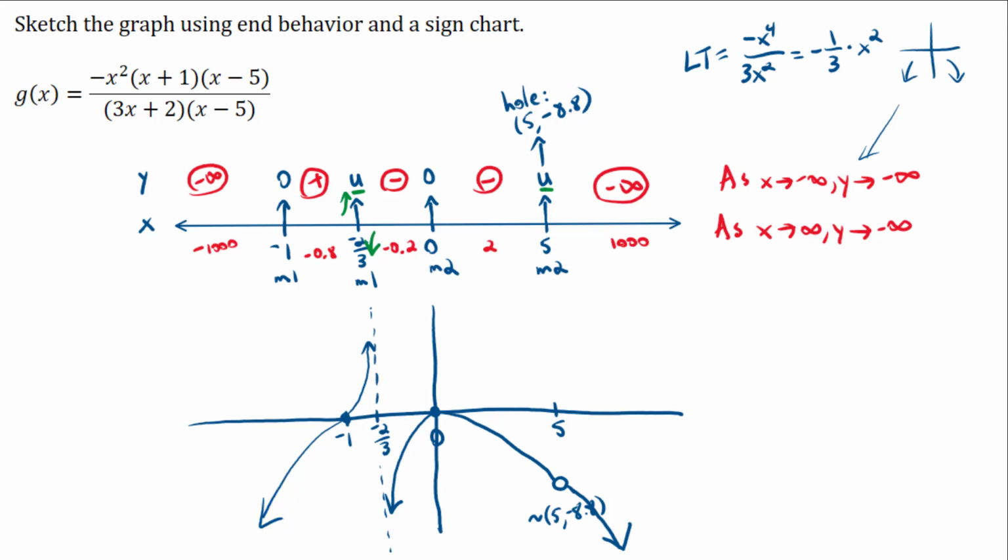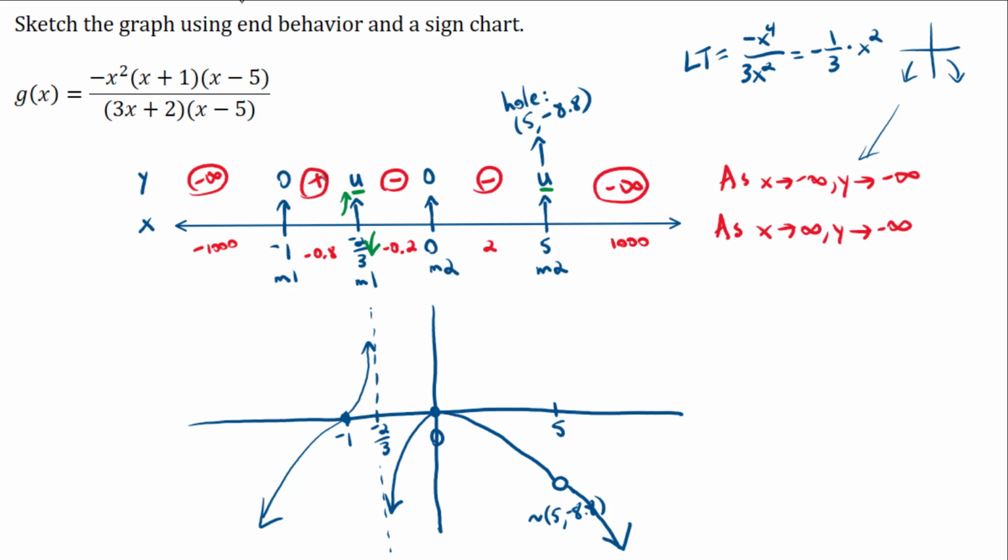And then once you know your end behaviors go to negative infinity, then you can use your multiplicities to get your signs. So an odd multiplicity means we have a negative infinity output over here. If we have an odd multiplicity, that means the output sign of negative will change to a positive output sign here.